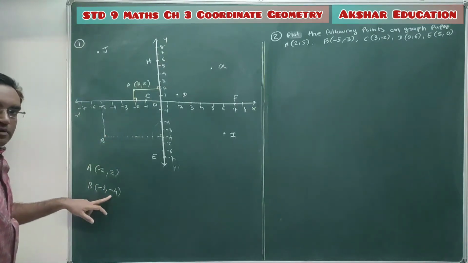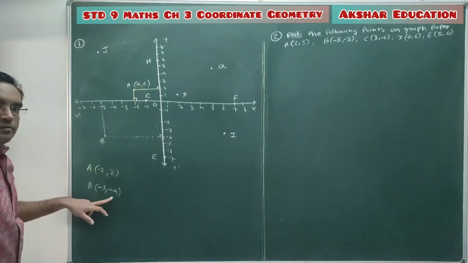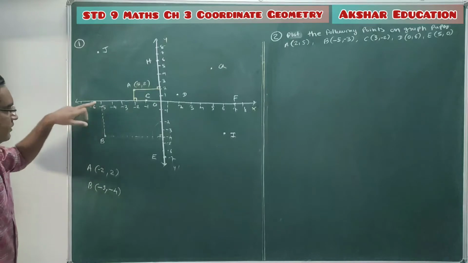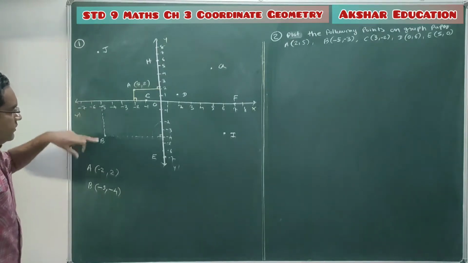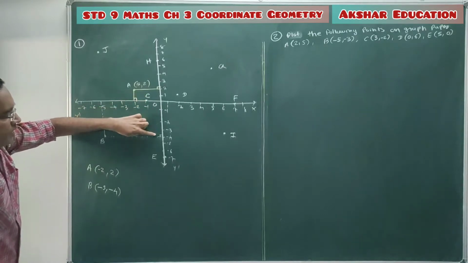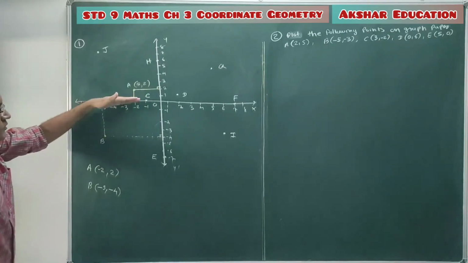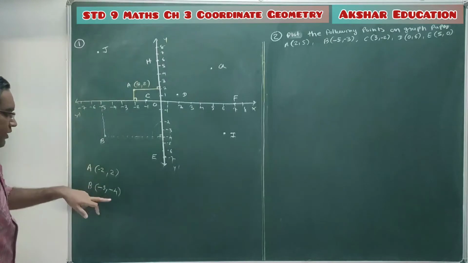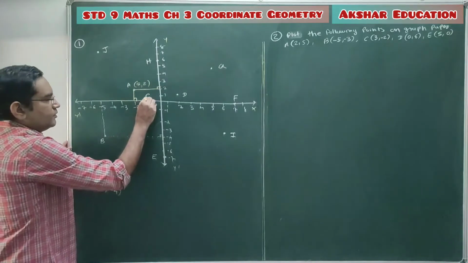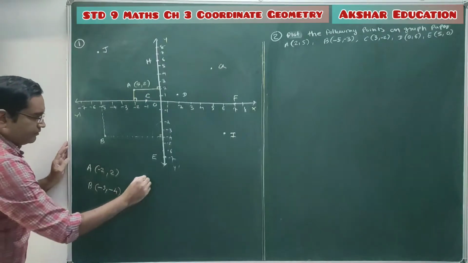Y coordinate is minus 4. Y coordinate means distance from x axis. The distance of this point B from the x axis is this much, and that is equal to 1, 2, 3 and 4 units from the origin in downward direction. So it's a minus 4. Clear now?